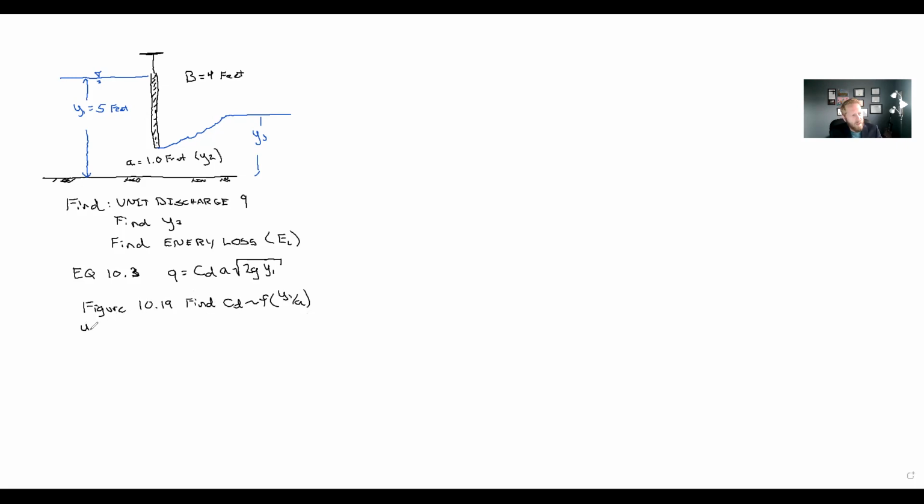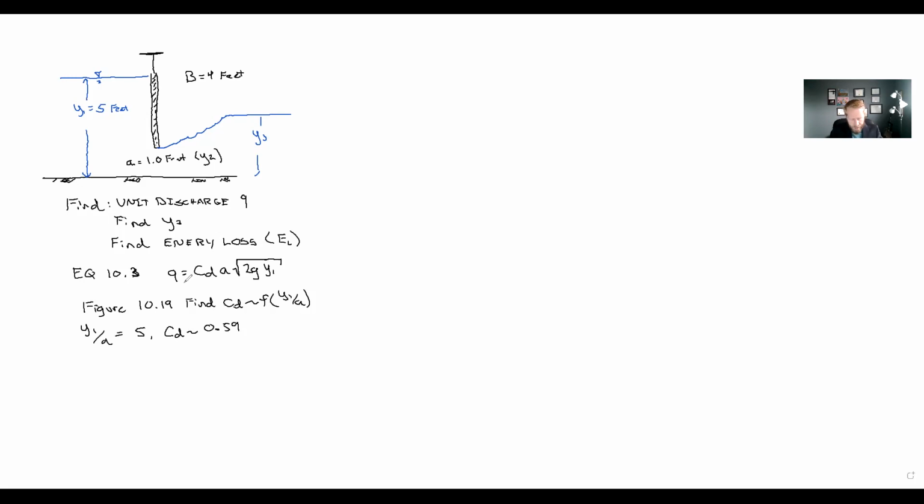A is 1, and the depth y1 is 5 feet, so y1 over a equals 5. If we assume a free outflow, we can follow this graph at number 5 and get a coefficient of discharge. C sub D is approximately equal to 0.59.